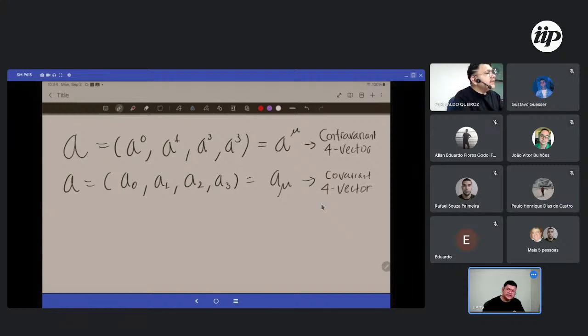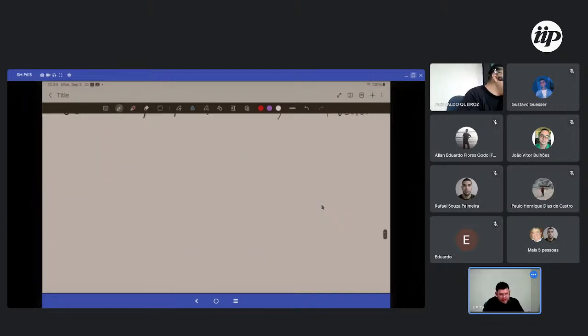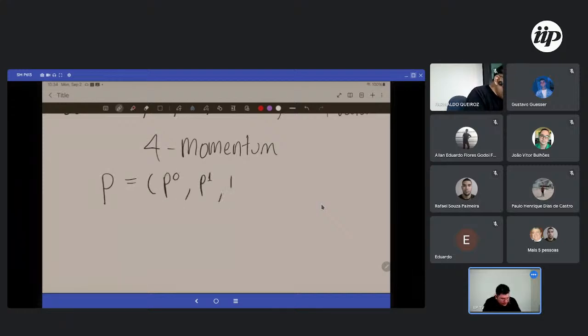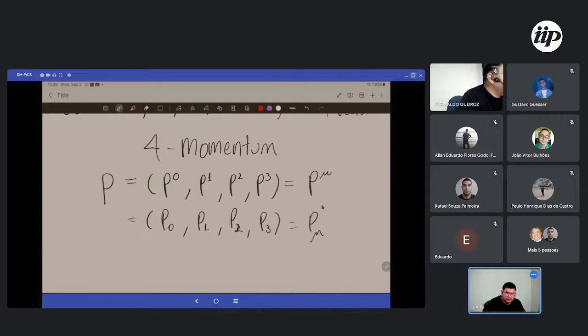So there exist different 4-vectors that we can study in special relativity, but for collider physics the most important is the 4-momentum. The 4-momentum we can define as P. P is equal to P0, P1, P2, P3 if we call it contravariant, or P0, P1, P2, P3 with lower indices if we call it covariant 4-momentum.